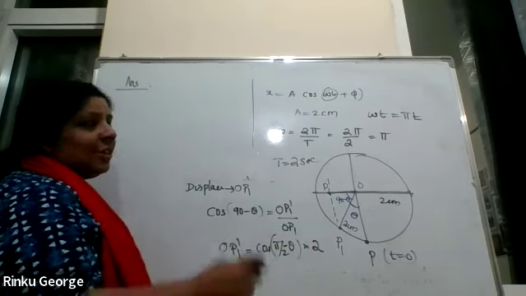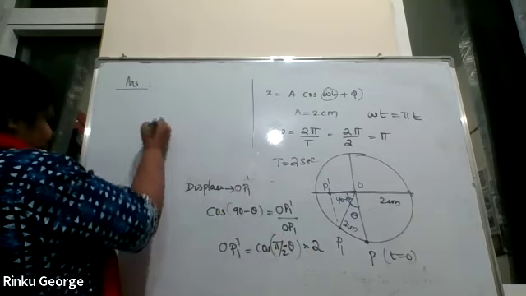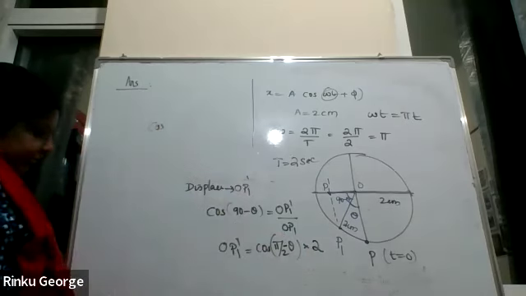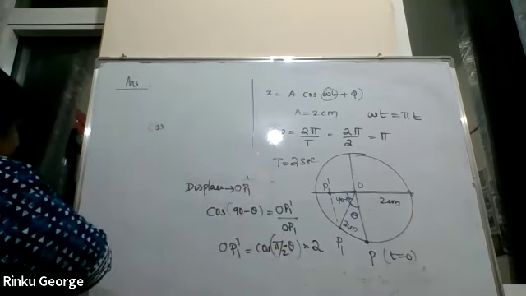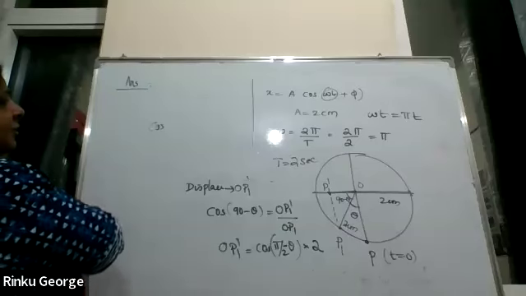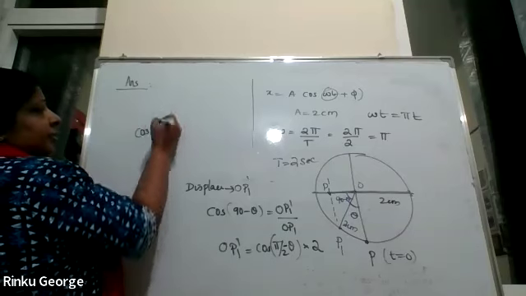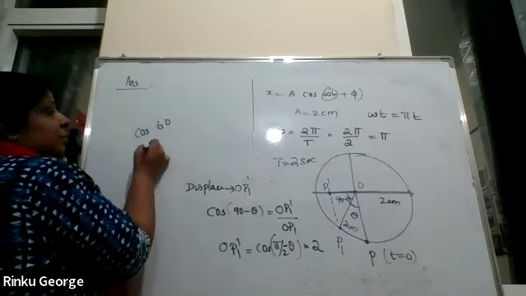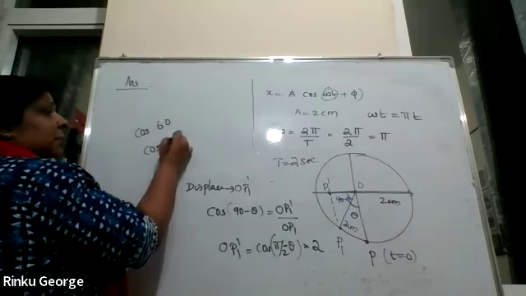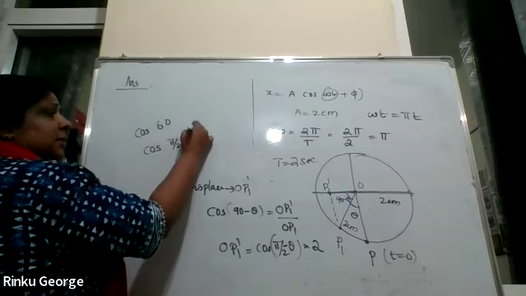Those who don't know, listen. Take some random value which you know. Can I take cos 60? That is cos of 90 minus 30, that is pi by 2 minus 30.